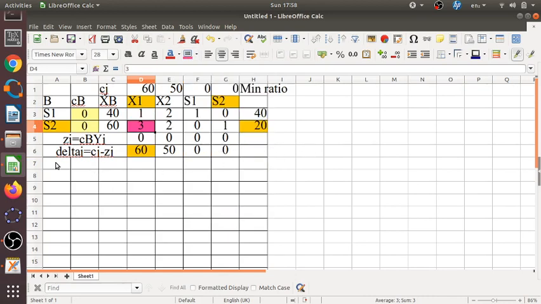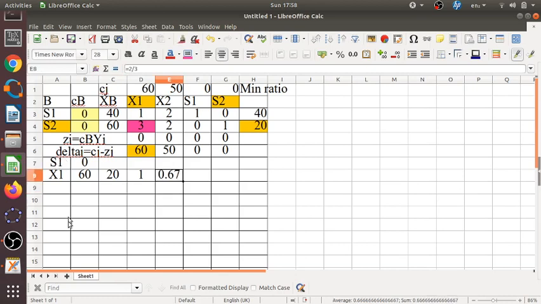In the next step, s1 will enter here and x1 will enter here. The cost of s1 is 0 and the cost of x1 is 60. This row will be divided by the key element, so 60 by 3 is 20. This one is 1, this will be 2 by 3.